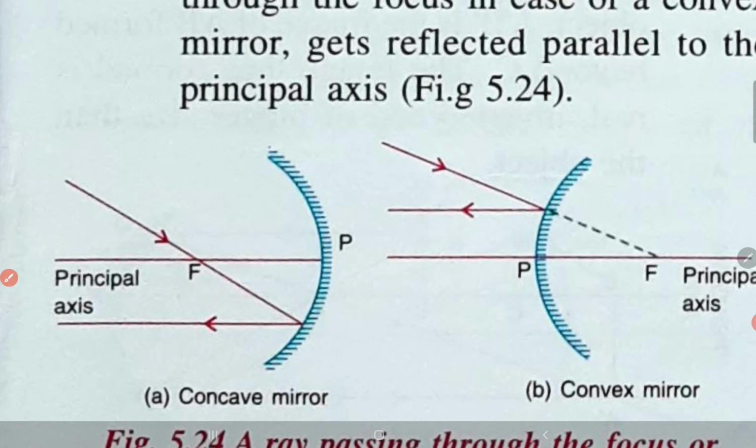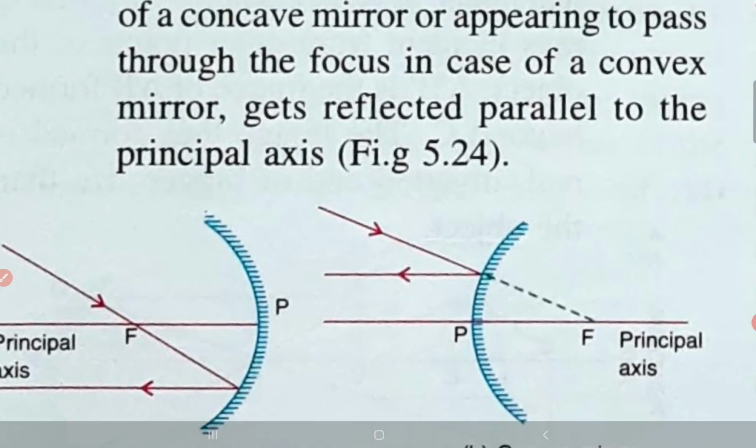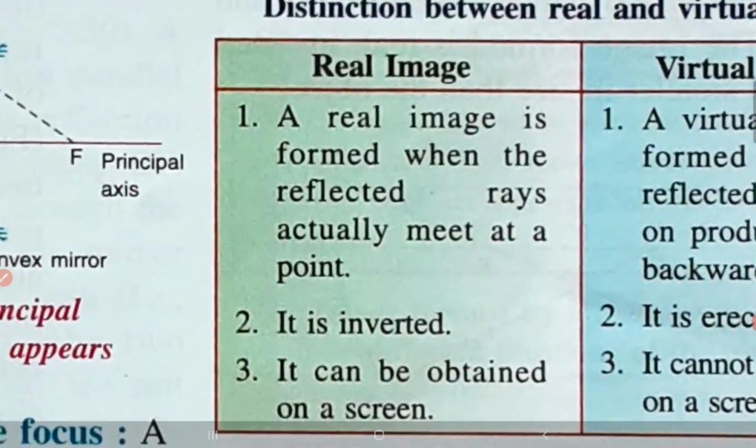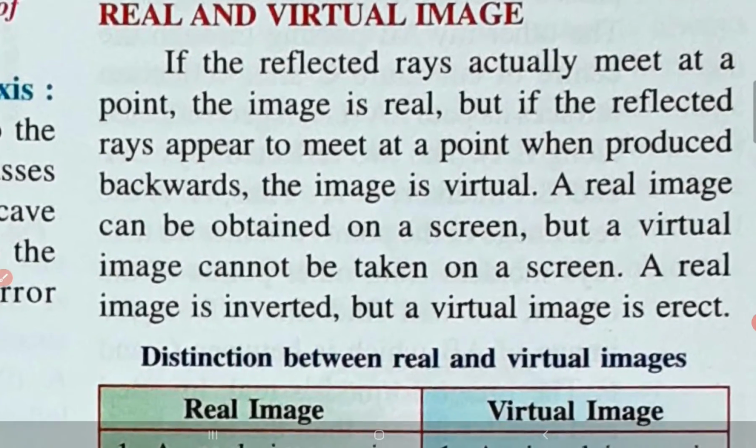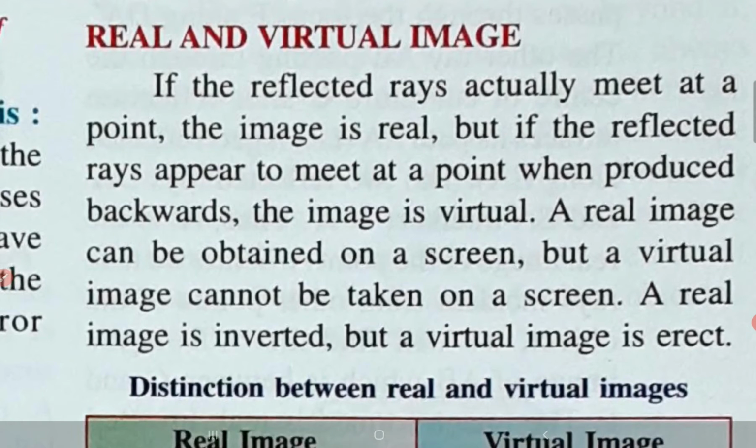Okay, now going to the next part of the video, which is virtual images and real images. So if the reflected rays actually meet, like in case of your concave mirror, where the rays were converging and meeting at a point called the focus, then the image formed because of these reflected rays meeting at a point is known as a real image.